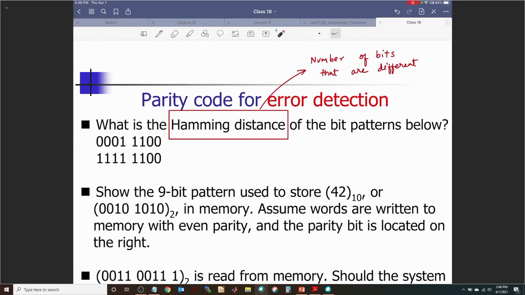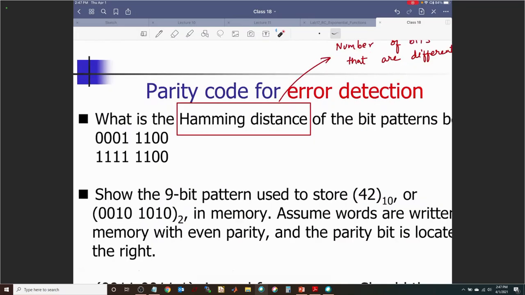And we are trying to compare, per location, how many bits are different between two code words, and that is going to define your Hamming distance. And as you may imagine, this has to be an integer. So how many bits are different over here?